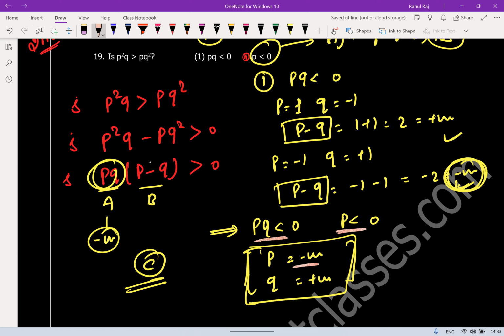Can I say P is negative and Q is positive? If P is negative and Q is positive, what is P minus Q? It's always a negative term. And you know anyway from option number 1 that PQ is negative, right? So if PQ is negative and P minus Q is negative, then can I 100% conclude that PQ into P minus Q is always greater than 0? So answer is C.